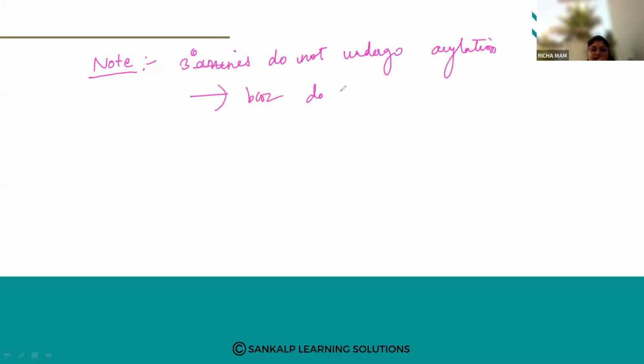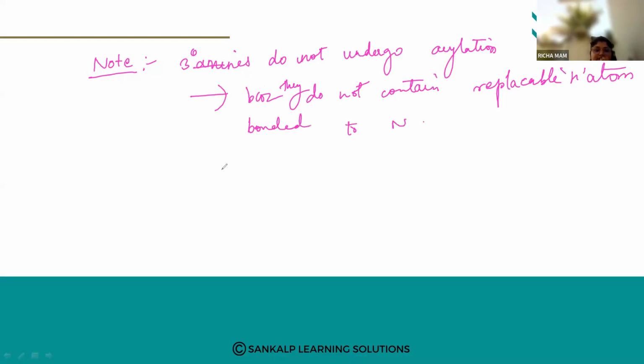Because they do not contain a replaceable hydrogen atom bonded to nitrogen. Remember this: this is a primary amine, a secondary amine, and a tertiary amine.